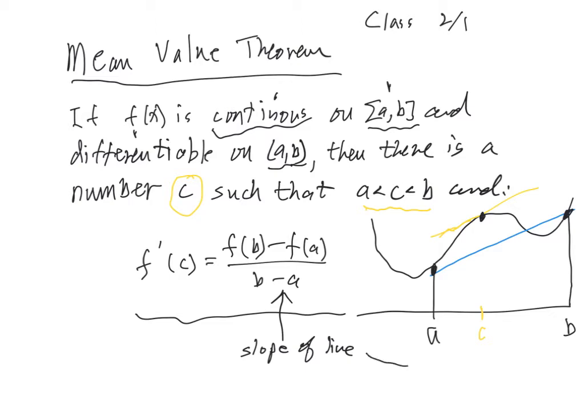And I've illustrated it over here. It's the slope of the line that connects the point A, f of A, with the point B, f of B, just exactly like this blue line does over here. So the right-hand side of the equation represents the slope of that blue line. And I can interpret the left-hand side as the slope of the tangent line because it's the derivative.